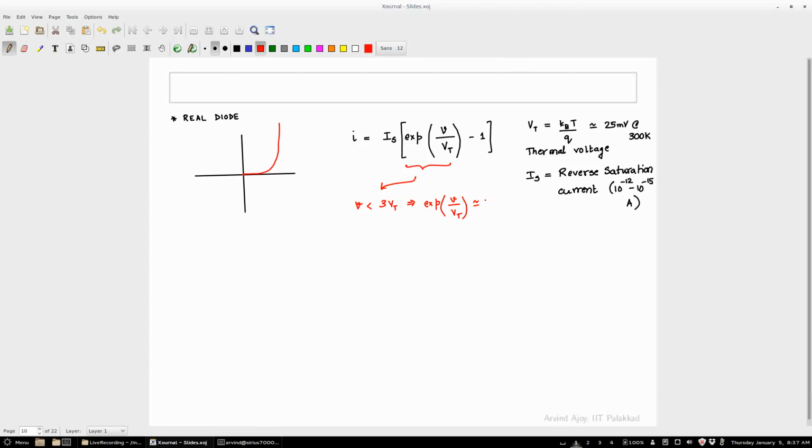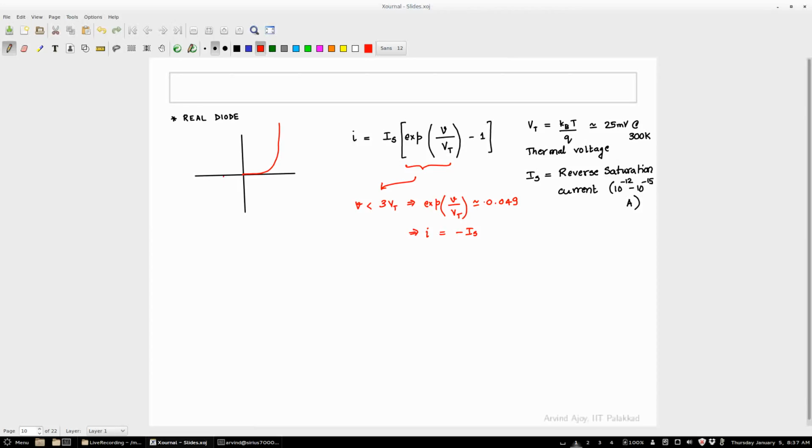Somebody have a calculator? Calculate. No, V by Vt. It is 0.049. So is 0.049 large or small compared to 1?